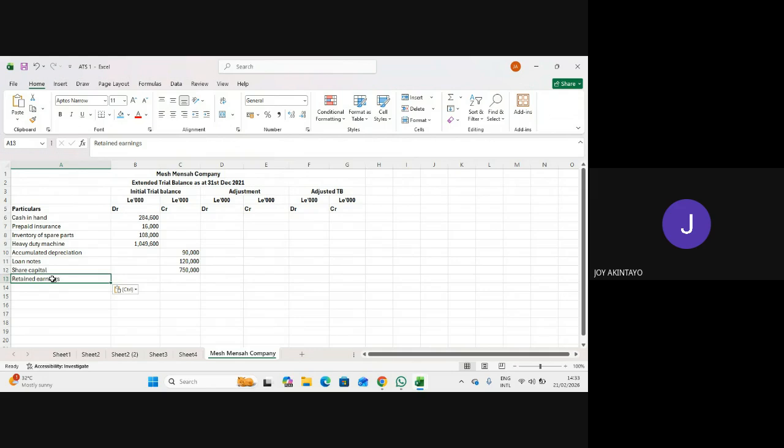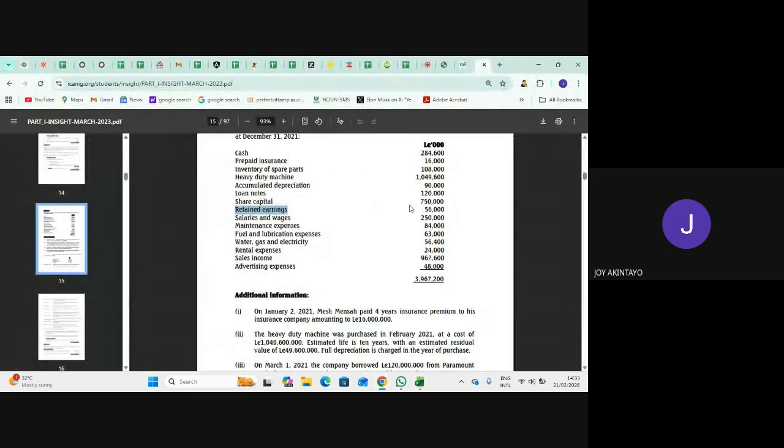Accumulated income, accumulated gain, profits. Where are we putting it? Debit side or credit side? Credit. It will be on the credit side. How much? We have 56 million, 56,000 naira.